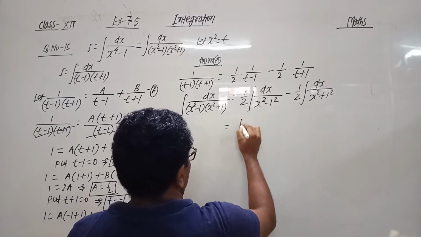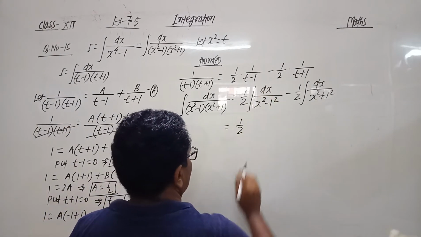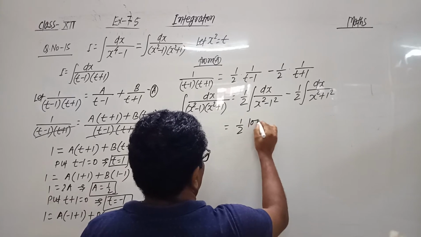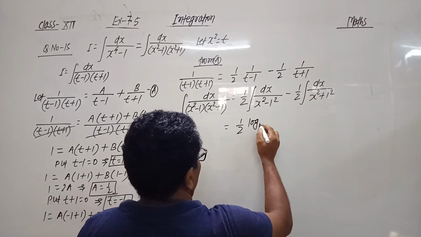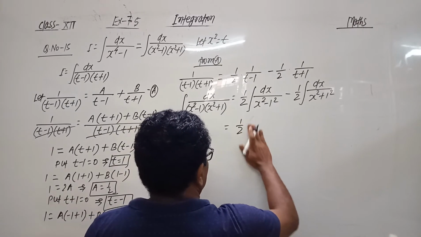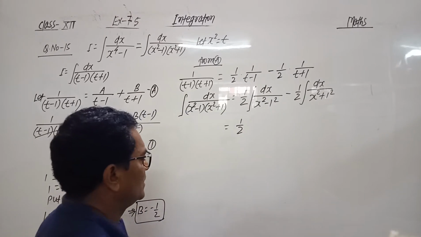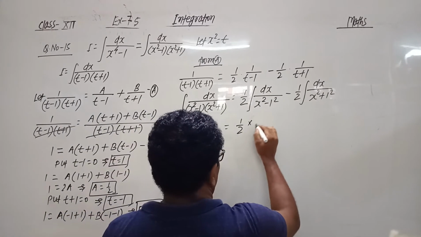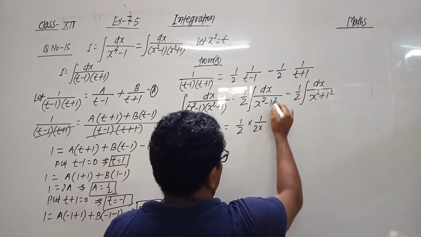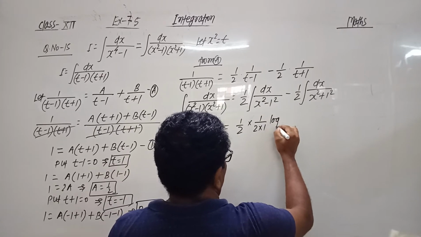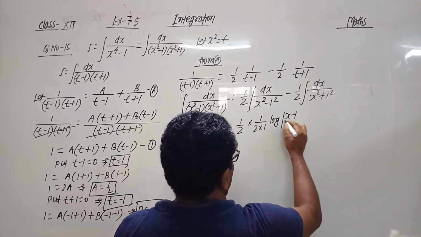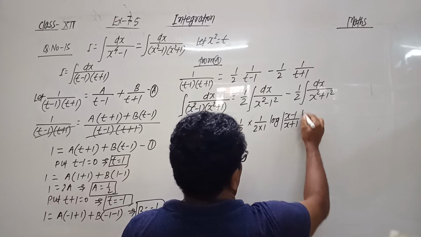So this comes to be 1 by 2 integration dx upon x square minus a square, the formula is 1 upon 2a log x minus a upon x plus a. So the value of a is 1.